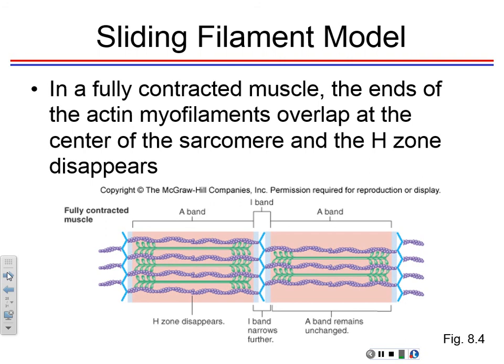The actin filaments are the blue ones, but myosin is from here to here, because actin is only from here to there. So it will take two actins to span the length of the sarcomere in this case. From here to there, it's all myosin. So when the muscle is fully contracted, it approaches the length of myosin, the thick filaments. I may have a question like that that will kind of trick you.